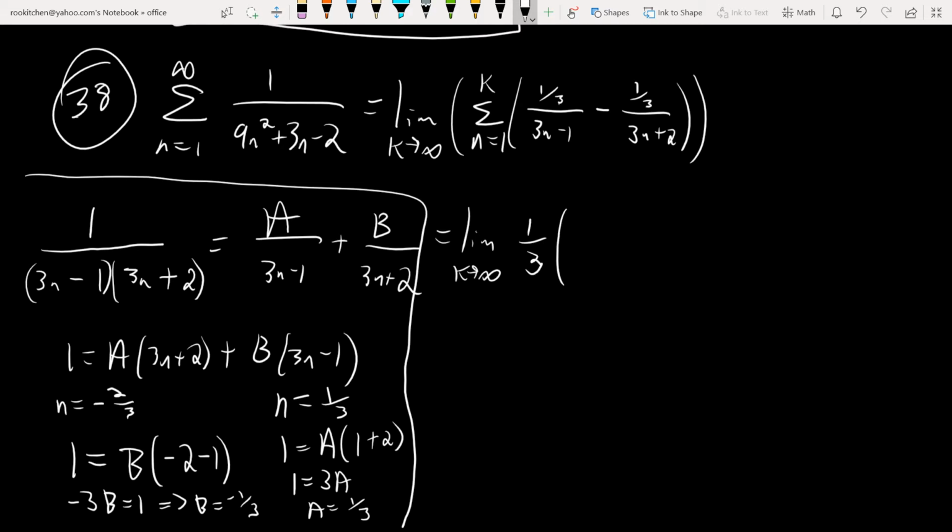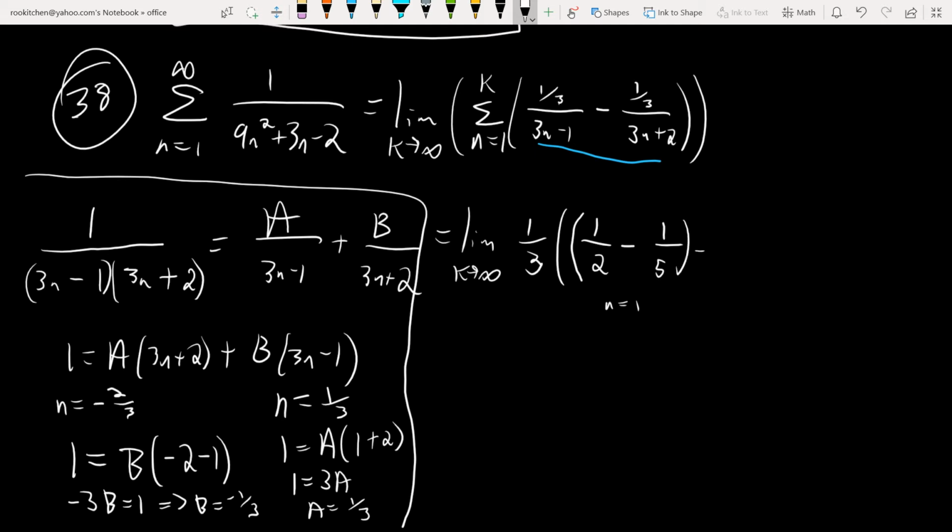Right? So let's write out the sum. I start with n equals 1, so I'm plugging n equals 1 into this formula that I'm going to underline in blue. This formula here, except without the 1/3 because I factored it out. So n equals 1: 3 times 1 is 3, minus 1 is 2, so 1 over 2, and then minus 1 all over 3 times 1 is 3, plus 2 is 5.